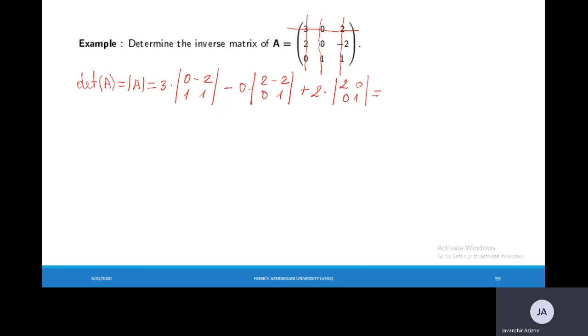It will be 6 minus 0 plus 4 is 10, which is different from 0.